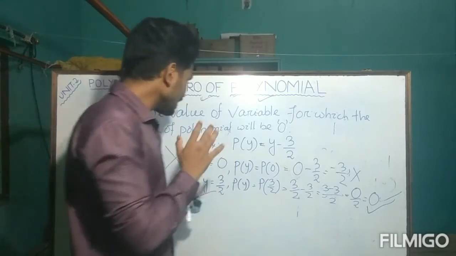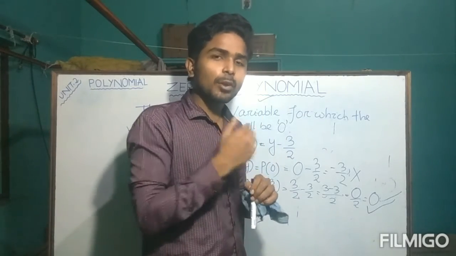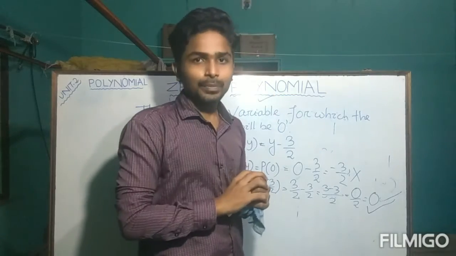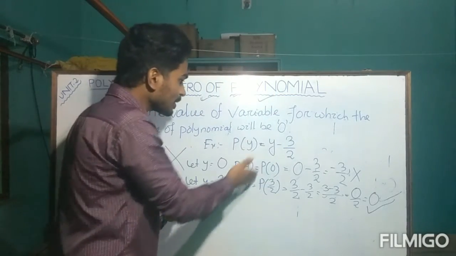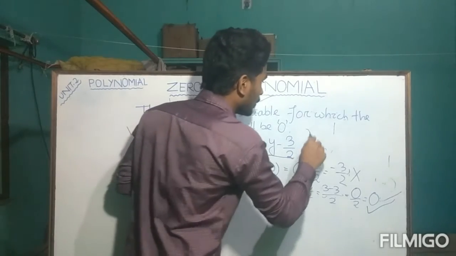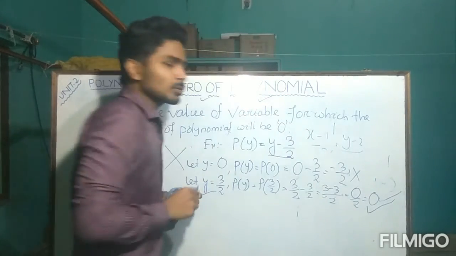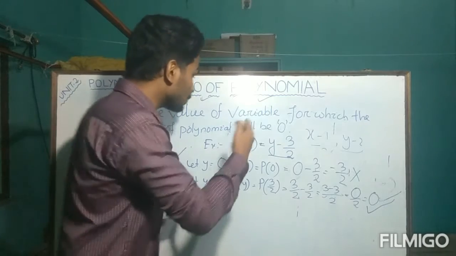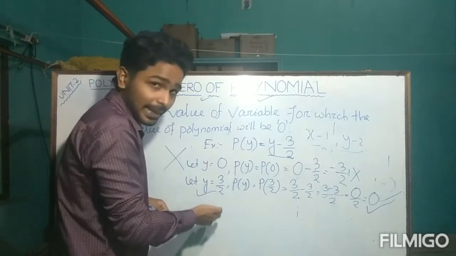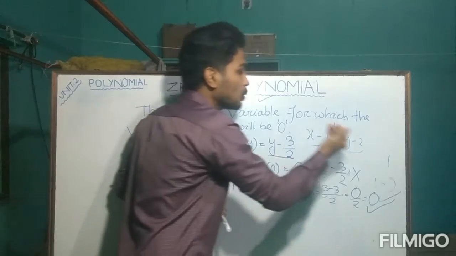Okay, but here the second question arises: whether we can find the 0 of a polynomial for any polynomial. In all of the above polynomials, we see that the polynomial is very simple, like y minus 2. So we can put various values of x or y and check whether the polynomial value will be 0.